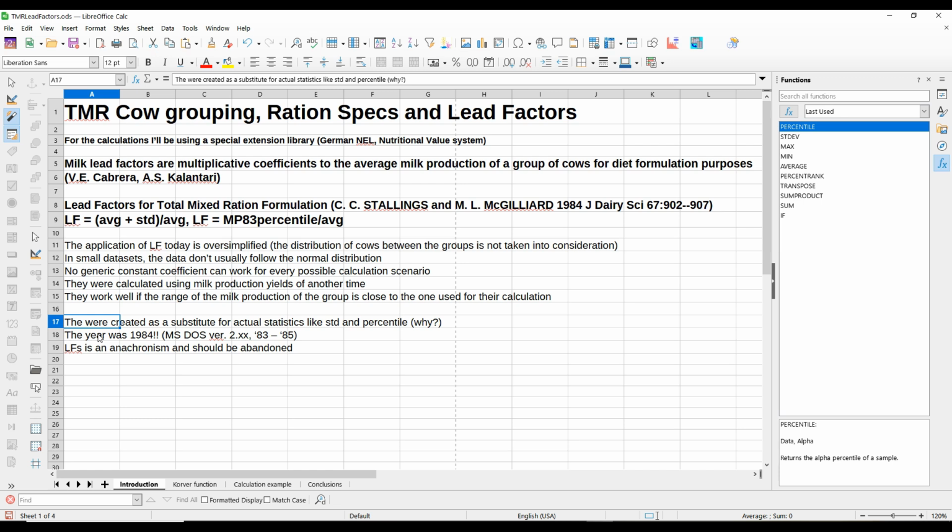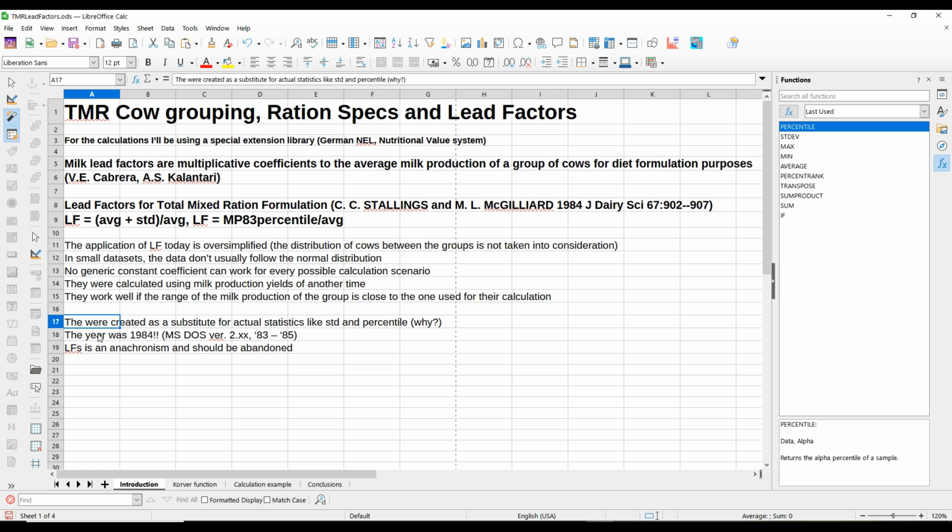Well, I keep showing you the date. We are back at 1984. Back then, people used to do calculations using handheld calculators with only the four basic operations of arithmetic, and they had to work with those calculators to formulate rations, diets.